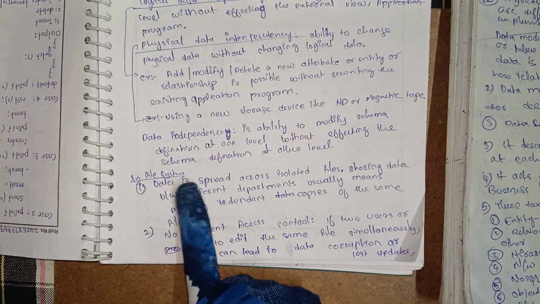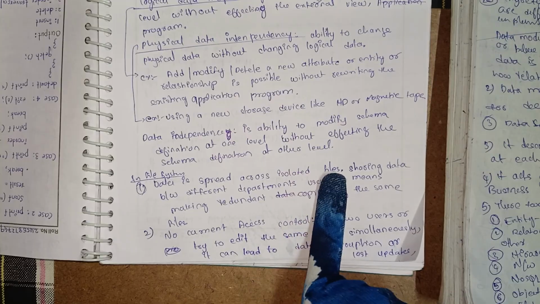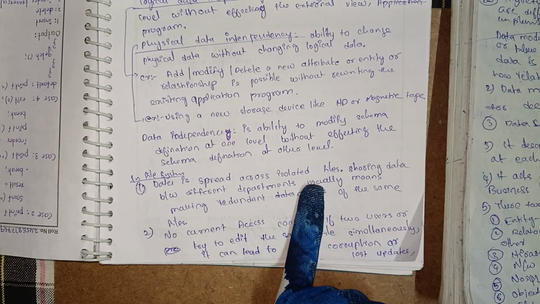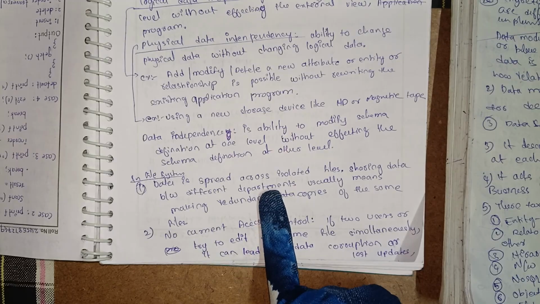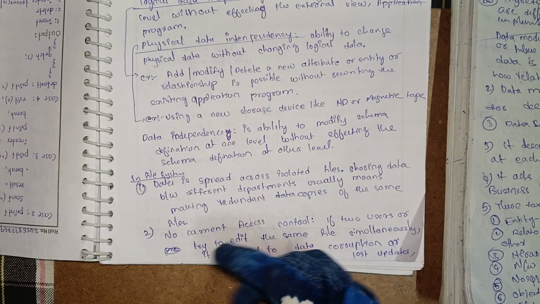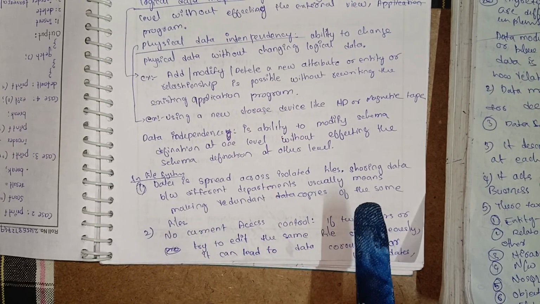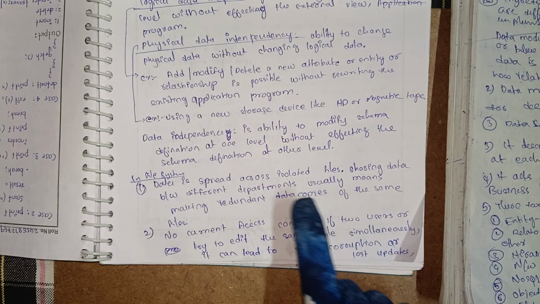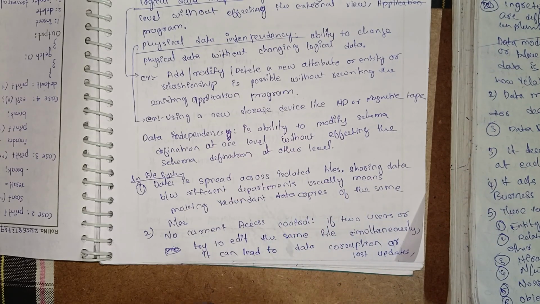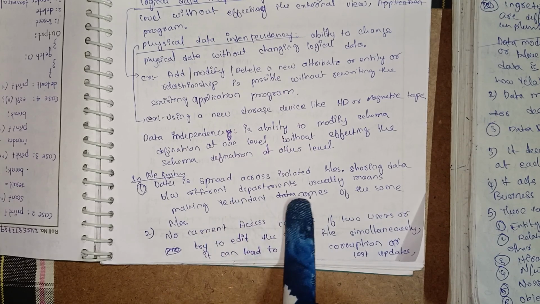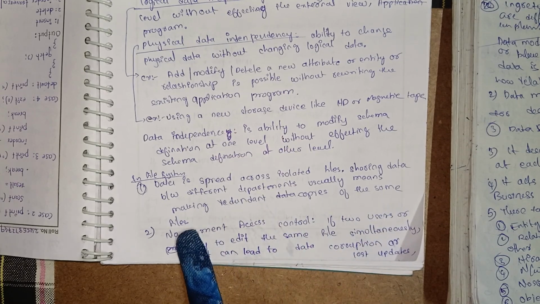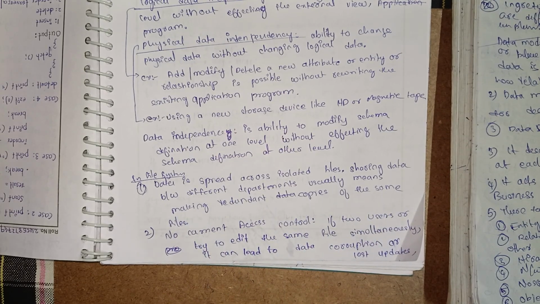In the file system, data is spread across isolated files. Sharing data between different departments, assume CSC is a department and AAA is a department, means sharing the file between two departments, which usually means making redundant copies of the same file. So that's why it is difficult to share the data.